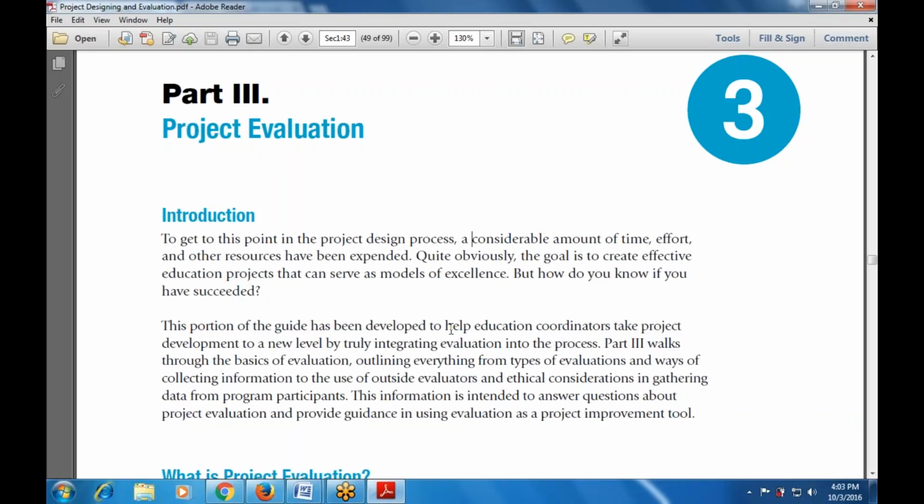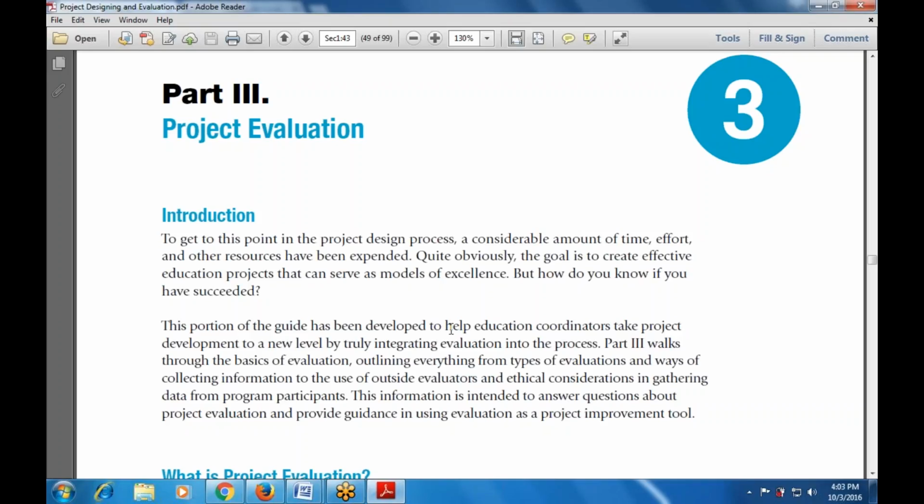So this is the introduction: why we are going to use part number 3 and what we are going to cover in it, that is project evaluation. A considerable amount of time, effort and other resources have been expended, and the main goal is to create effective education projects that can be used as a model of excellence. This portion helps the educator truly integrate evaluation into the process.